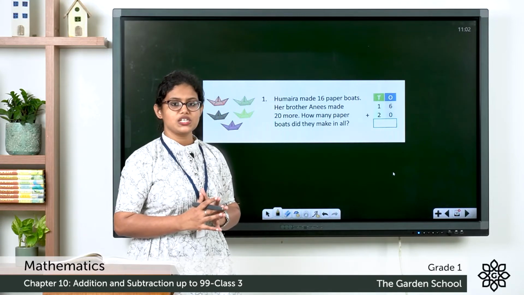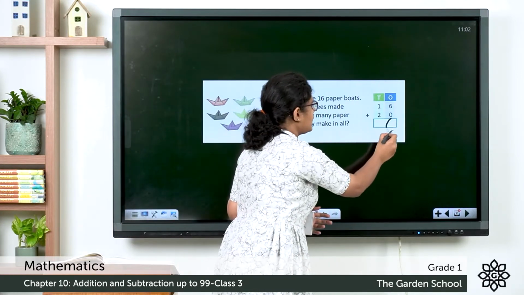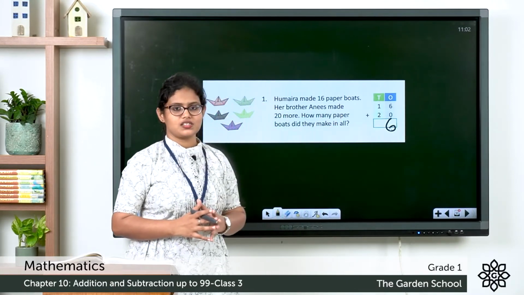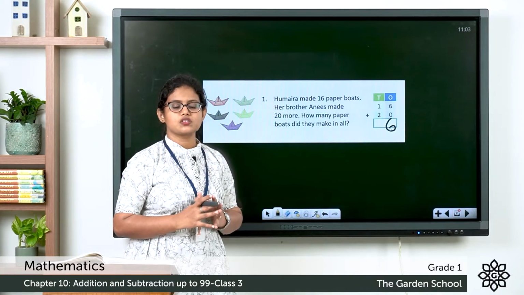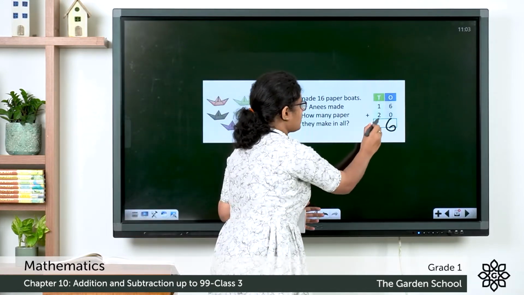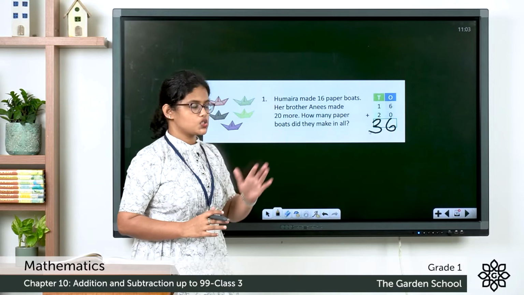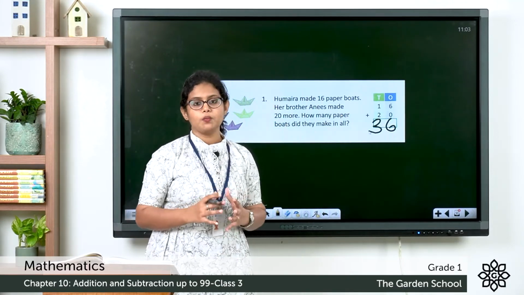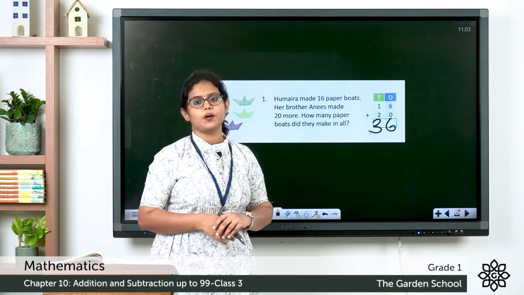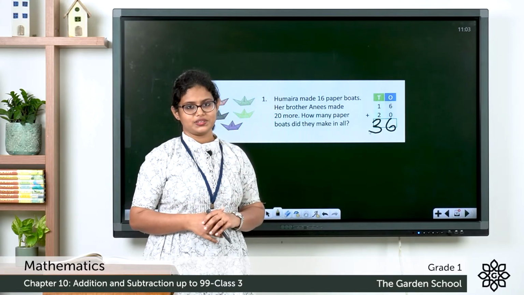So what is 6 plus 0? 6 plus 0 equals 6. Then coming to the tens place, we have 1 ten plus 2 tens. It makes 3 tens. So 1 plus 2 equals 3. So in total, how many paperboards did they make? They made 36 paperboards altogether.